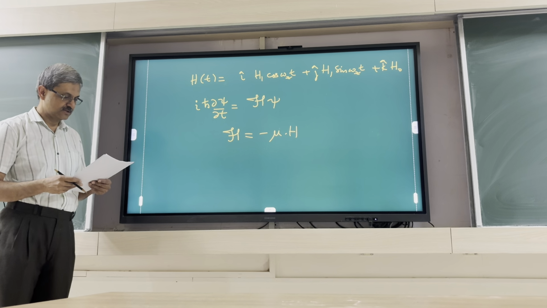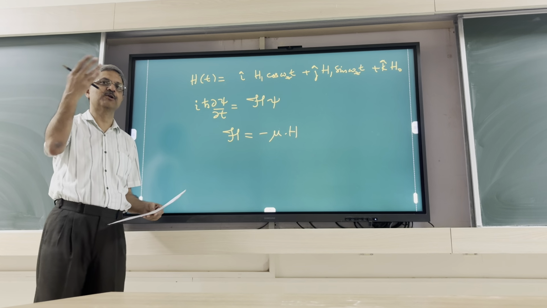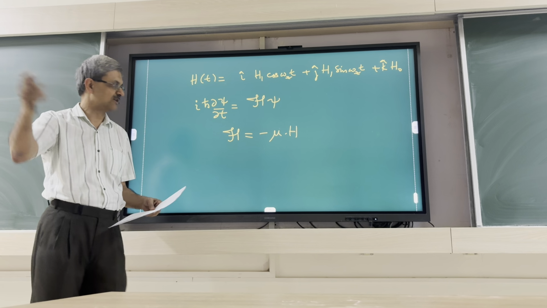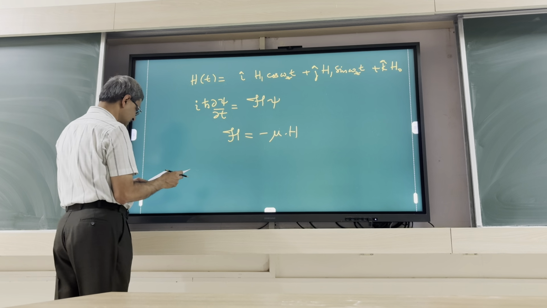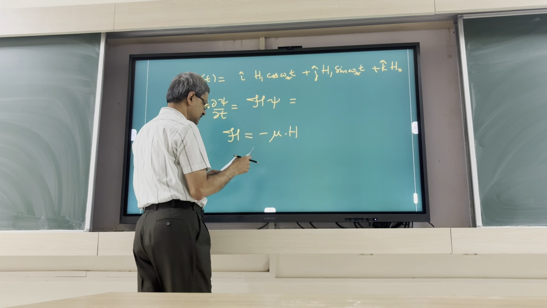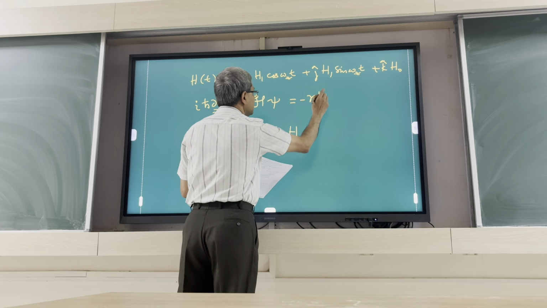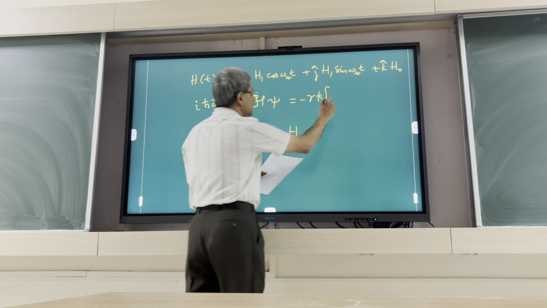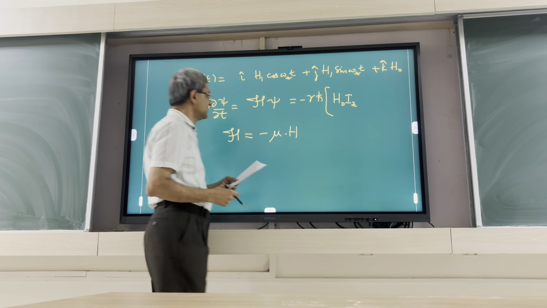Okay, and mu again in terms of the angular momentum, gamma h bar and so on. So you can write this as minus gamma h bar, and then you have h naught Iz, right?